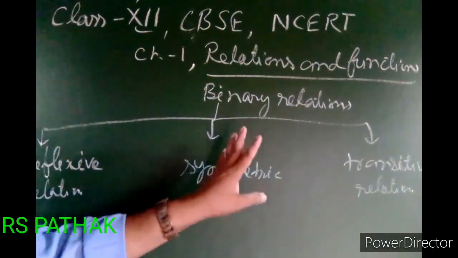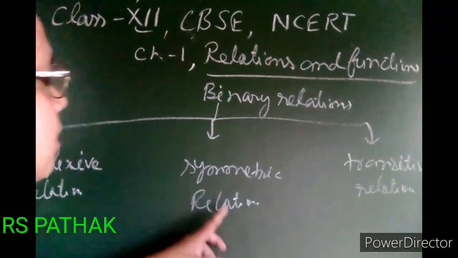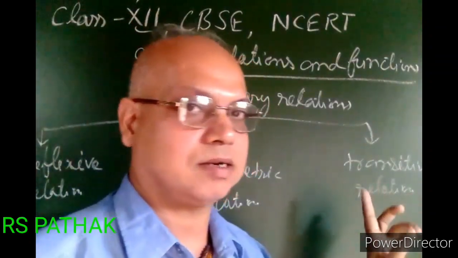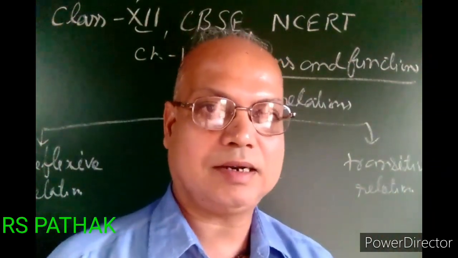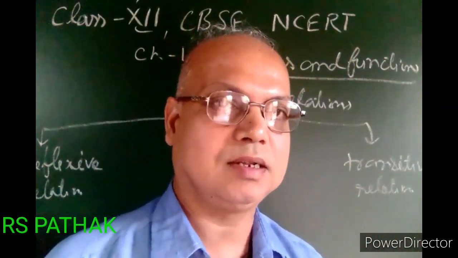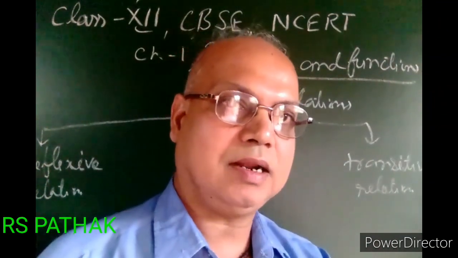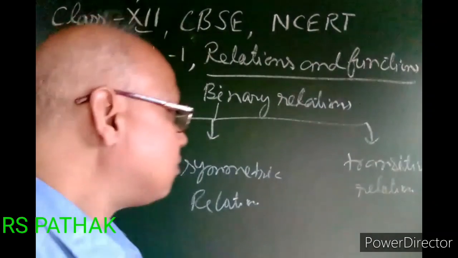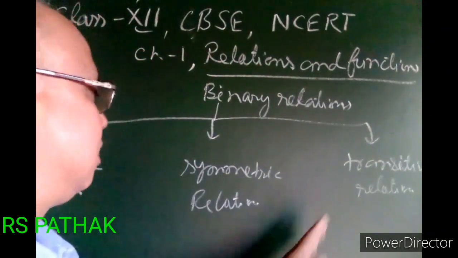There are mainly three types of relations. There is one more relation that is called asymmetric relation. I will tell you in the next video. Then I am going to explain one by one.